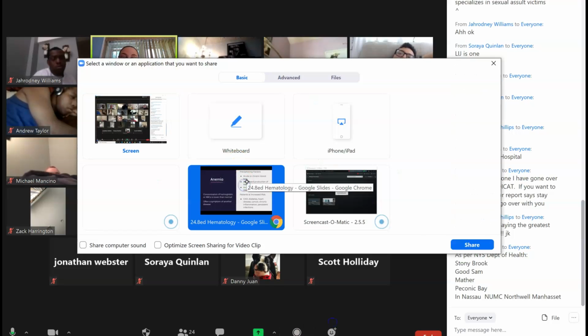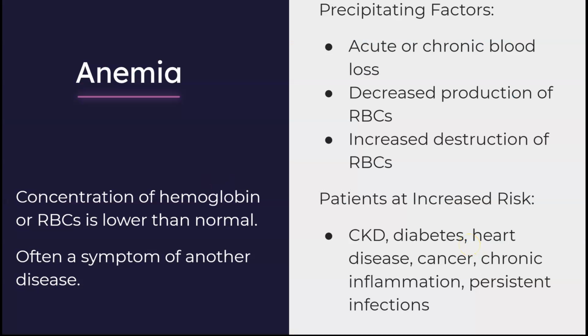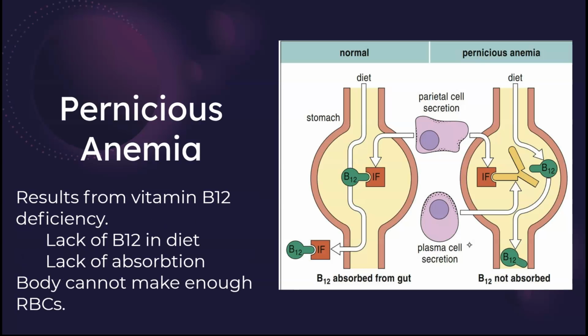It's one of those questions that you can ask the patient while you're getting a good solid history. Patients who are on dialysis and such can have an issue as well. Pernicious anemia is due to vitamin B12 deficiency. Again, vegans and vegetarians commonly have a B12 deficiency. They need to supplement this vitamin in order to not be anemic, I guess.